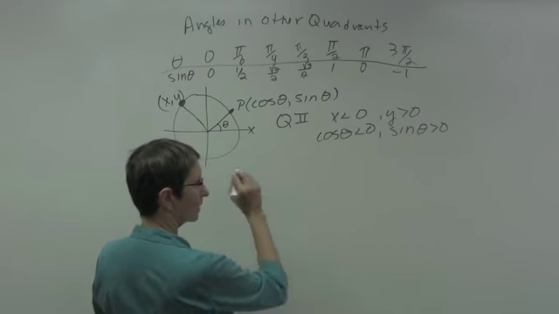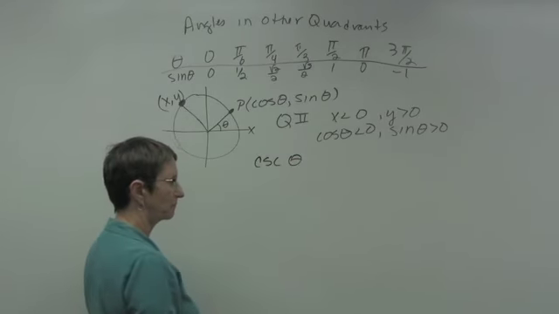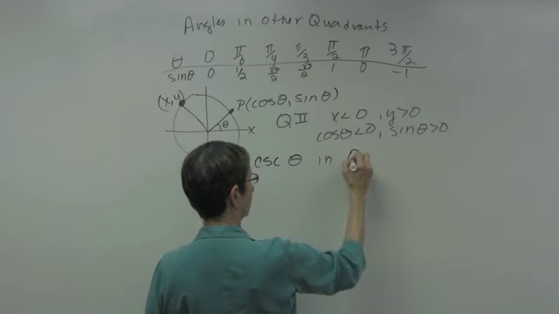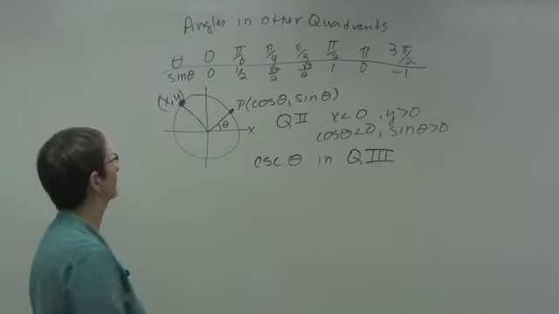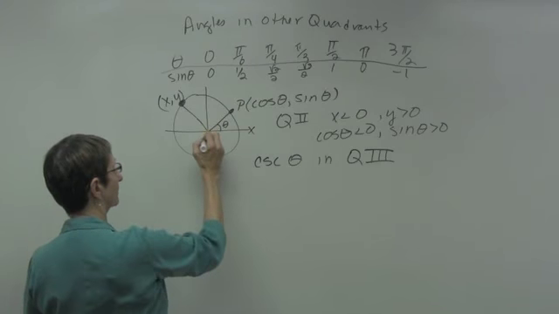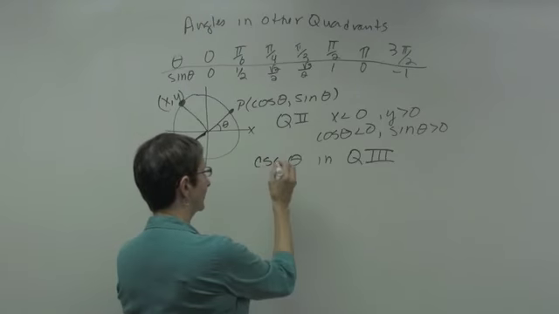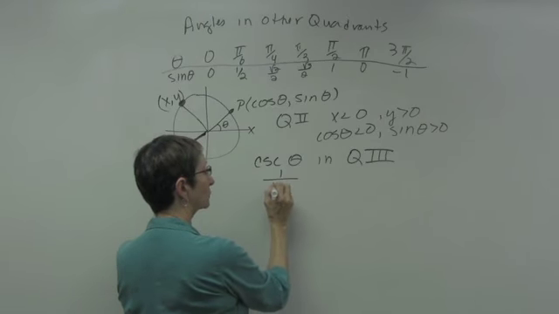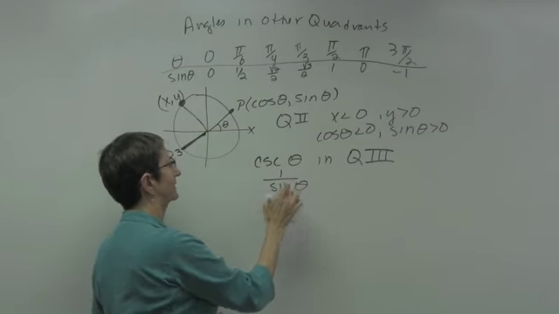For example, suppose I have a cosecant of theta in quadrant 3, and I want to know what the sign is. Well, here's the third quadrant, 1, 2, 3, down here somewhere. Cosecant is 1 over sine theta. You have to remember all of this stuff.